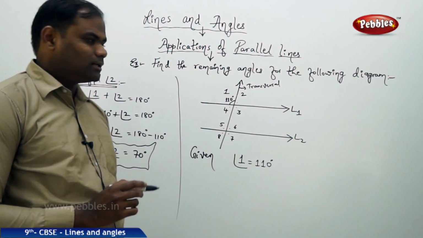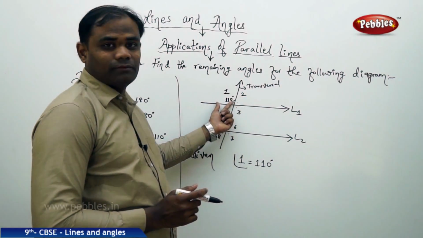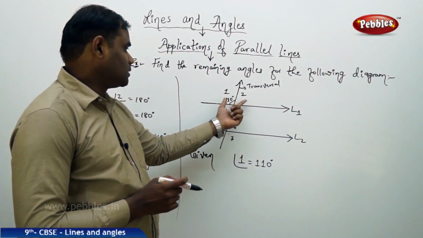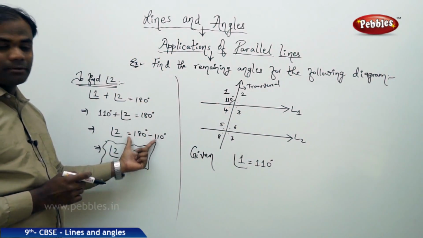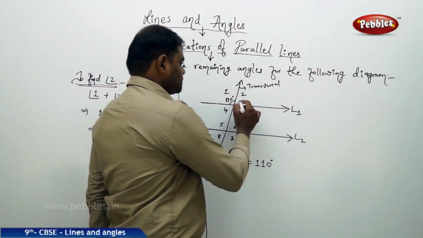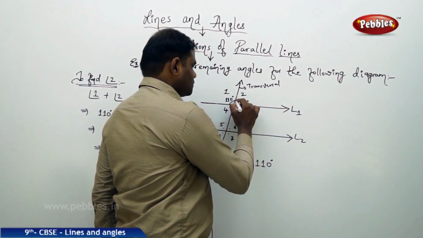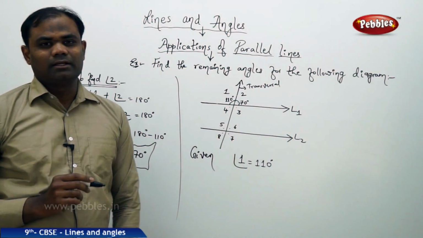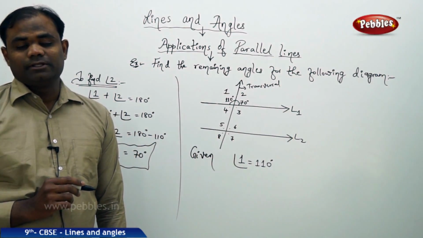So using the straight line property, I get angle 2 which is 70 degrees. That is how I get this angle to be 70 degrees.